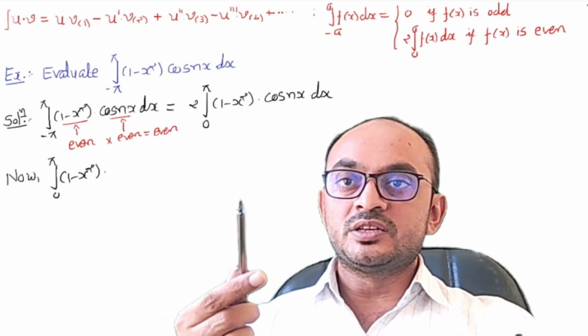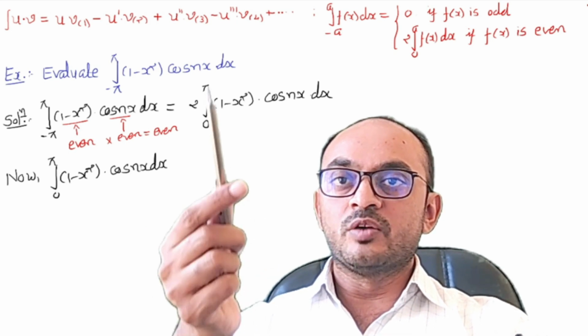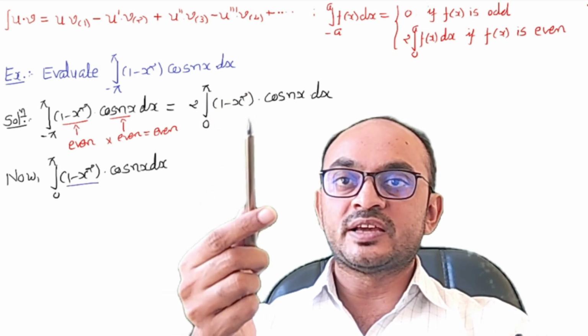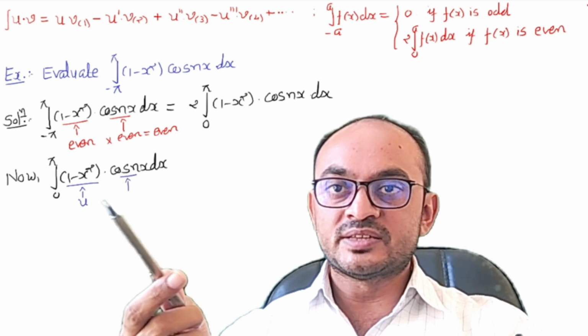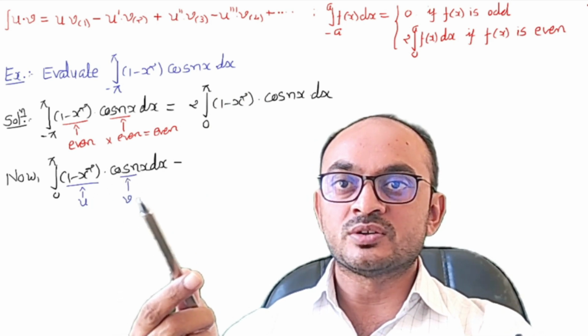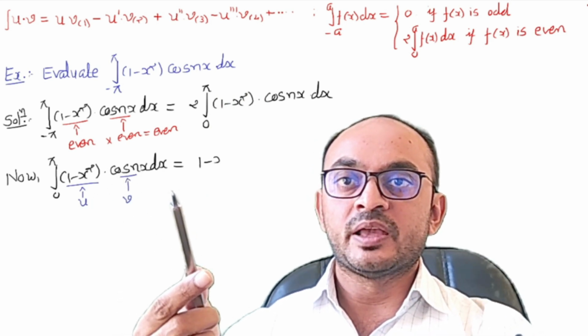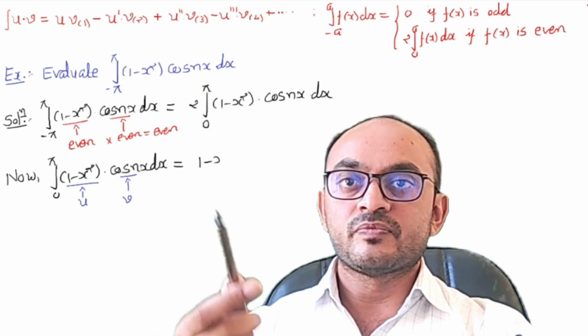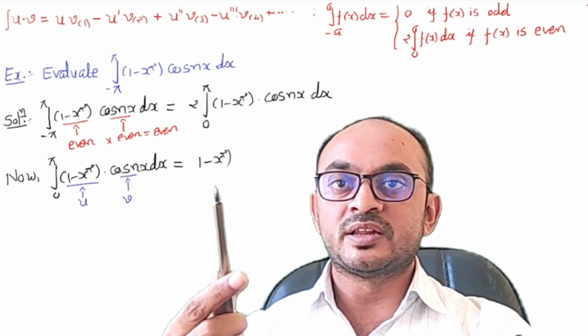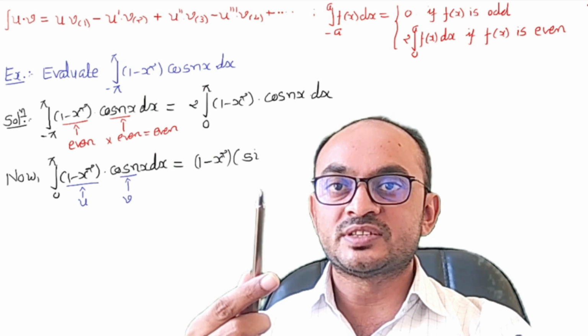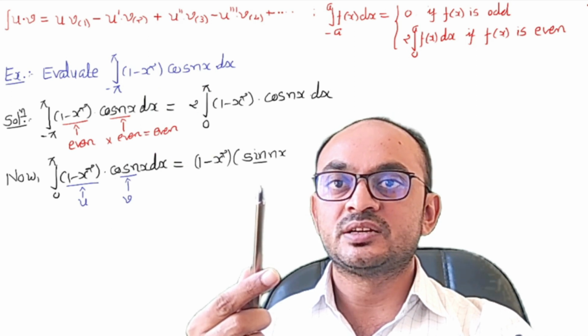So now the integral from 0 to pi of 1 minus x square into cos nx dx is equal to, say, 1 minus x square as function u and cos nx as function v. By this rule, u stays as 1 minus x square, and we integrate cos nx, which is sin nx divided by n.